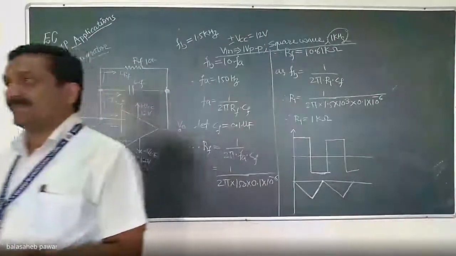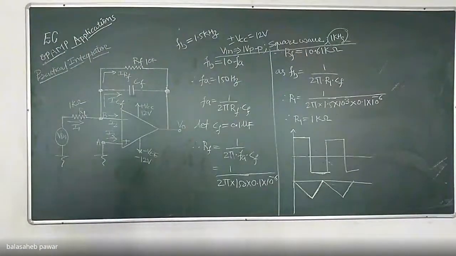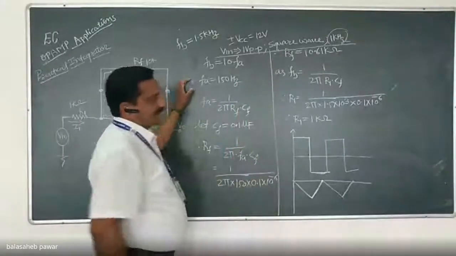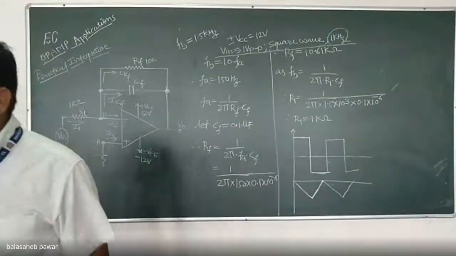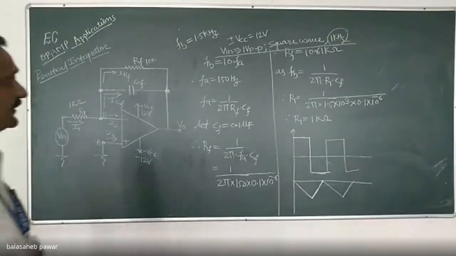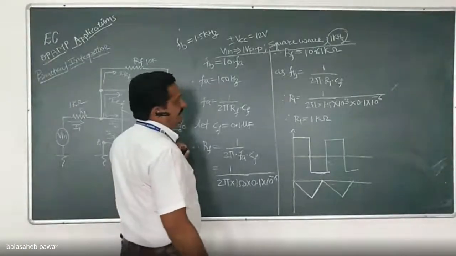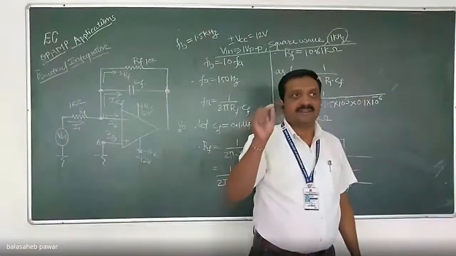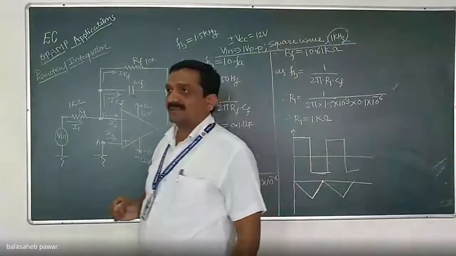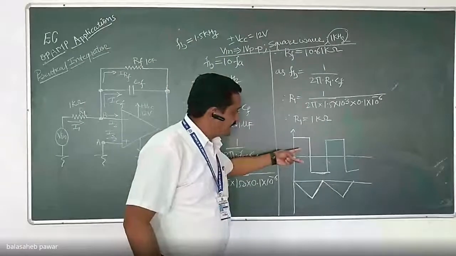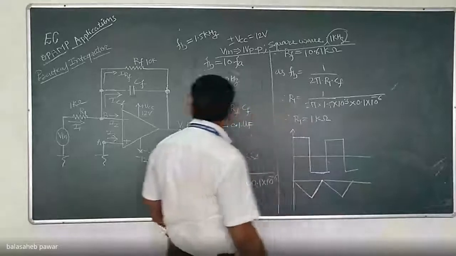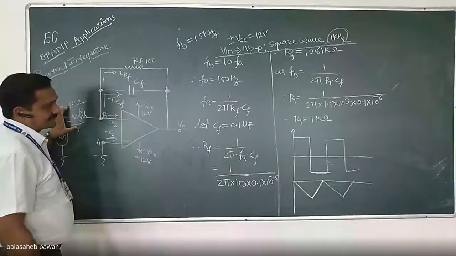Can anyone tell? See, if we apply an input frequency of just 50 hertz, that means it is less than fa. If it is less than fa, that region of operation of the integrator, 0 to fa, is the amplifier region. So the obtained output signal will remain square with somewhat of an amplification, almost Rf by R1 times. Correct?